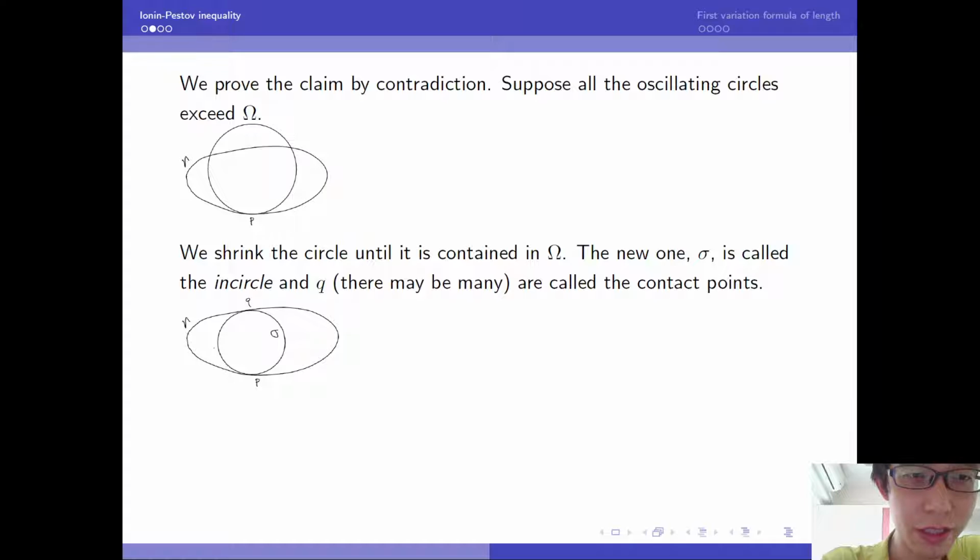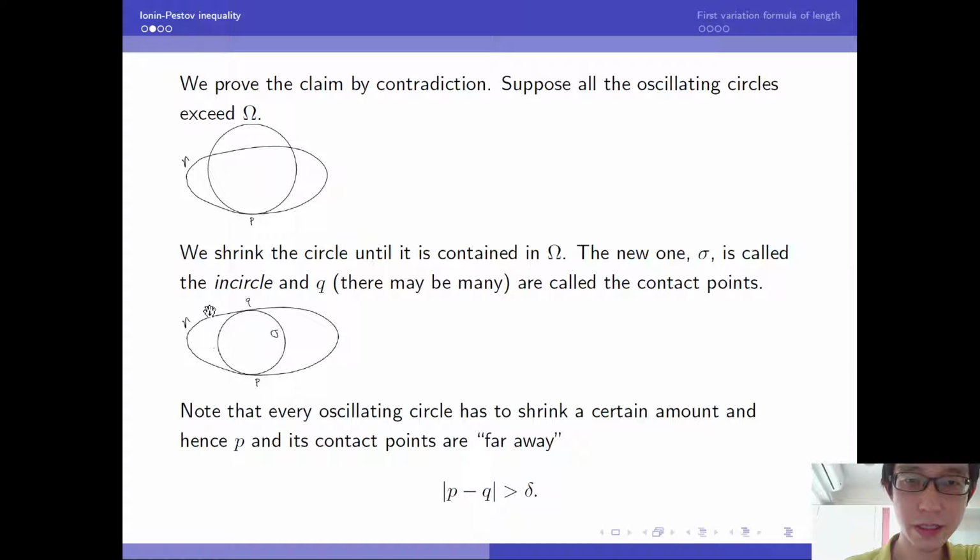And we call Q the place where sigma is tangent to the boundary of omega, the contact points. Note that there may be many contact points. And we know that every osculating circle has to shrink a certain amount.